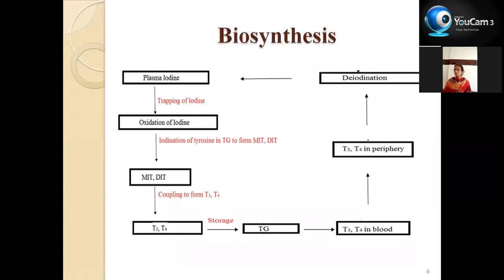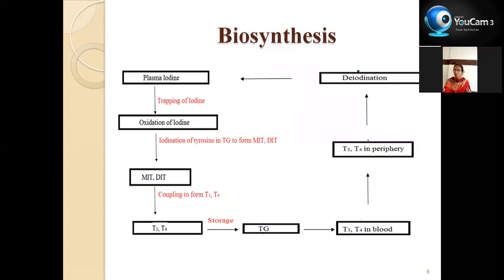Now see the biosynthesis. The first step is plasma iodine. Upon trapping of the iodine, it gets converted by oxidation of the iodine. Then iodination of tyrosine in Tg forms MIT and DIT.